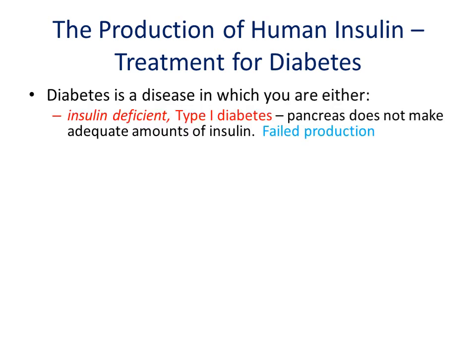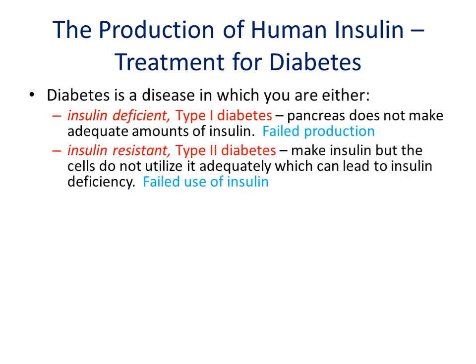We know that there's two types of diabetes. Type 1 diabetes is for patients whose pancreas isn't making adequate amounts of insulin. These patients are said to be insulin deficient. This is in contrast to type 2 diabetics, which are insulin resistant.